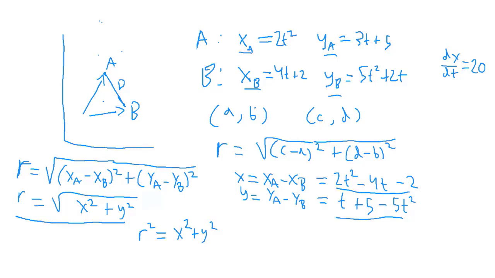One other step is to take our implicit differentiation of both sides of our equation right here. So we get 2r dr dt equals 2x dx dt plus 2y dy dt.